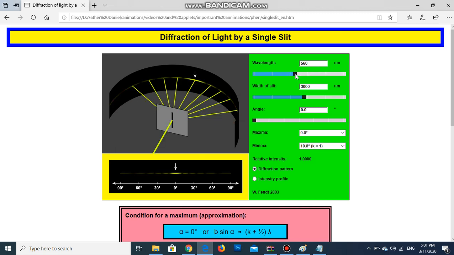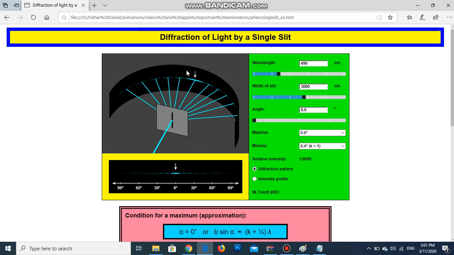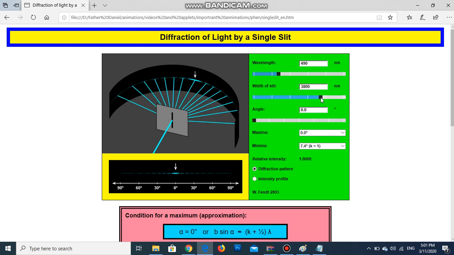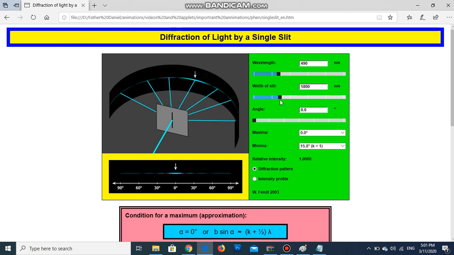See please, it decreases as you see, which means that the fringes shrink. And if I increase lambda, theta increases too. Now what about a? If I increase a, theta must decrease as you see, and if I decrease a, theta must increase also. This is true.